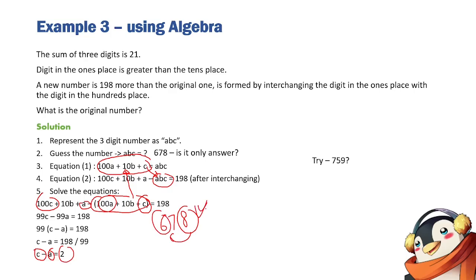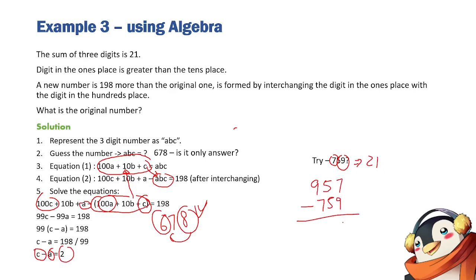Why don't you try 7, 8, 9? Because you want the ones to be greater than the hundreds by 2, and the digits add up to 21 as well. You switch it around, 9, 5, 7 minus 7, 5, 9.